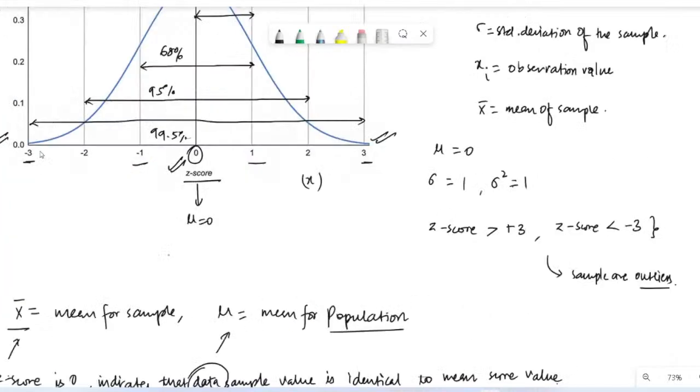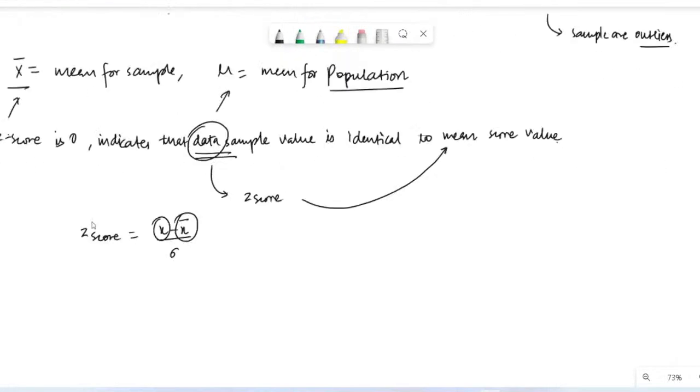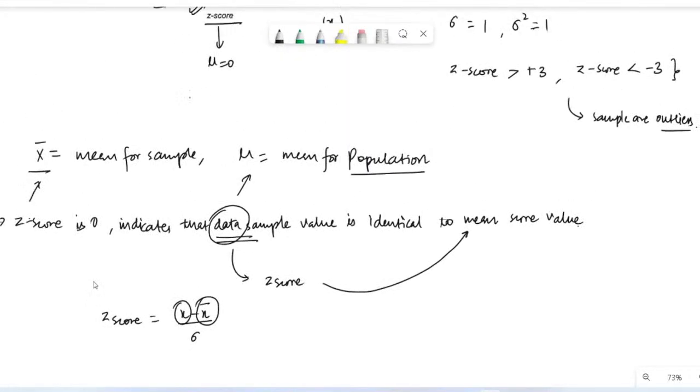Okay, clear about these points? Hopefully you have understood what these values are indicating, in which scenario we have outliers, what the significance of the 0 point is, and the mathematical formulas.